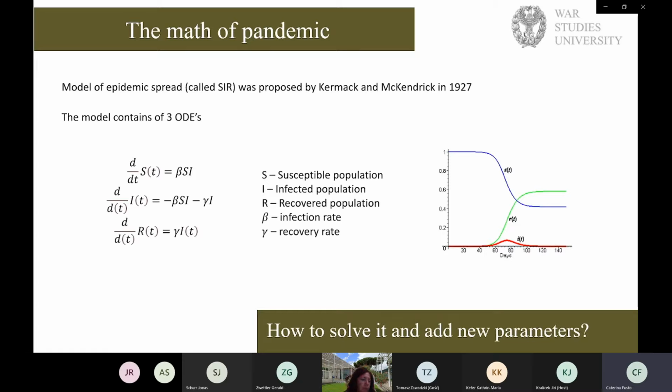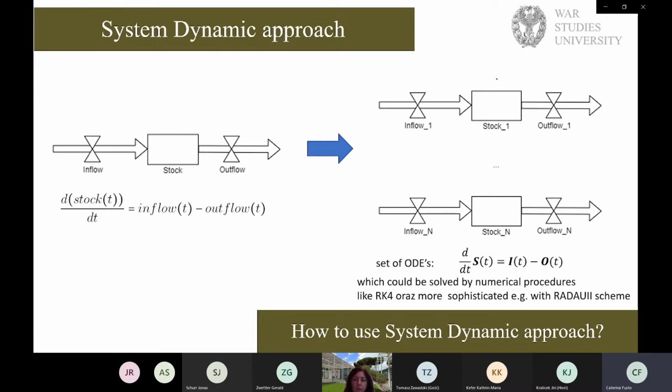The question is whether you can add new parameters in a simple way and solve more than three equations. To achieve such a goal, we used system dynamics methodology, which was introduced by MIT professor J. Forrester in the 50s of the 20th century.